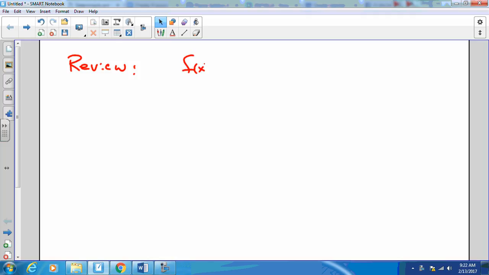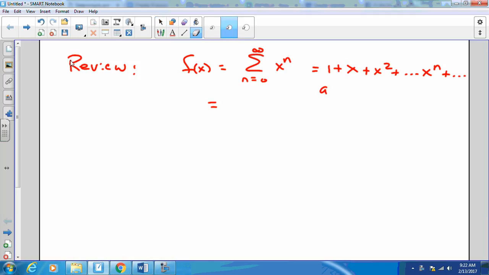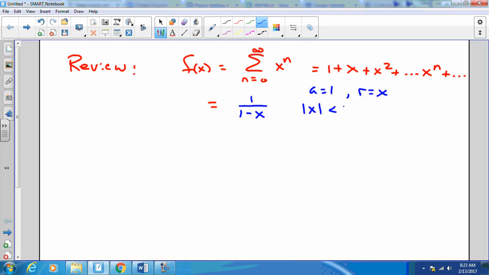So if I define a function of x, f of x equals the sum from n equals 0 to infinity of x to the n, and if I unroll that to see what I'm talking about, then because this is a geometric series with a equals 1 and r equals x, this will converge to 1 over 1 minus x as long as it meets the condition of the geometric series test, which is that the absolute value of x is less than 1. This is the fundamental material.